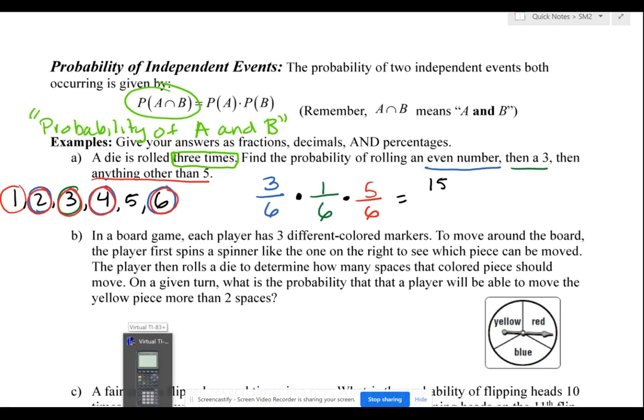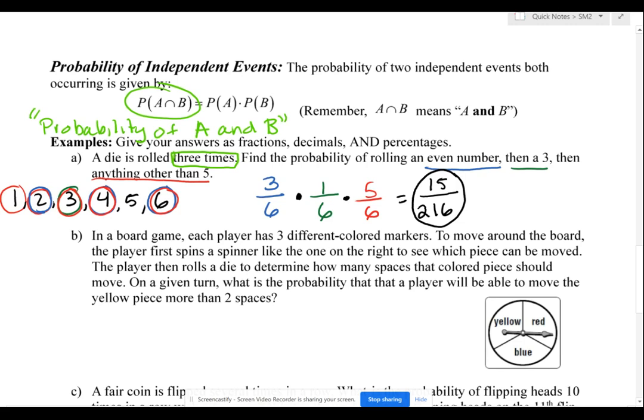And then the bottom, same thing: 6 times 6 times 6 is 216. That's your fraction answer. That's the probability. Fractions are good because what that means is that out of 216 times you try this cycle of rolling the dice 3 times, this event might happen 15 times. That's what the fraction means.